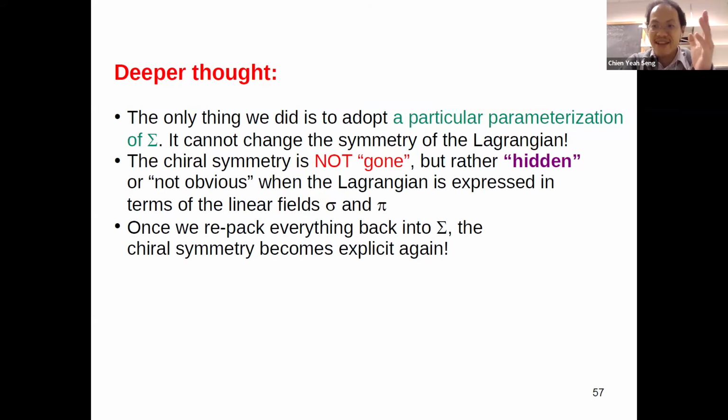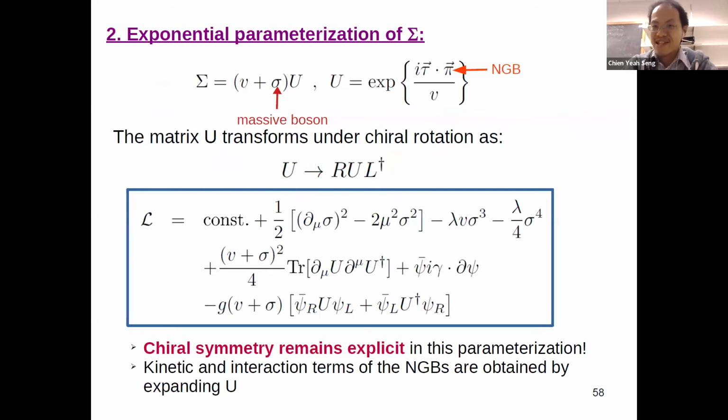Right. So one can imagine there's another way to reparameterize the big sigma such that we can introduce the massless Nambu-Goldstone boson, but at the same time the chiral symmetry still remains explicit. And one of the ways is the so-called exponential parameterization of the big sigma, namely you parameterize the sigma as v plus small sigma times a unitary matrix U, and the U is the exponential of something which involves this pi, which is our Nambu-Goldstone boson, divided by v.